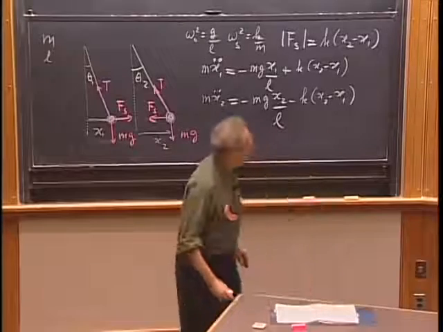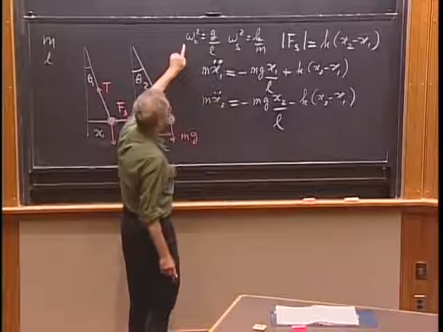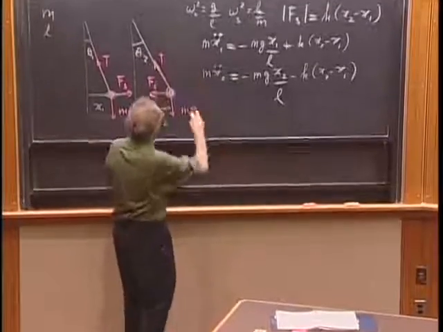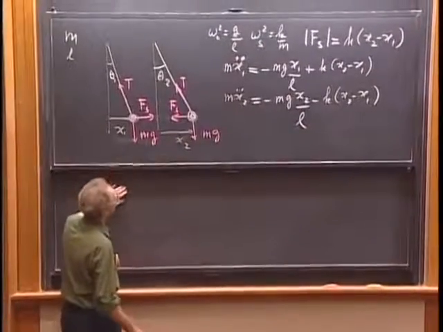So now we're going to rearrange this a little bit, and we're going to introduce the omega 0 squared notation.